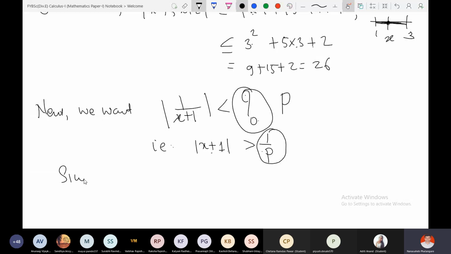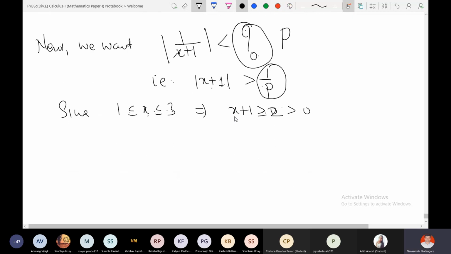Since 1 is less than or equal to x, which is less than or equal to 3, our x is positive, therefore x plus 1 is a positive quantity, right? If x is between 1 and 3, then x plus 1 is greater than 0. Ultimately it is greater than or equal to 2, actually, which is positive.